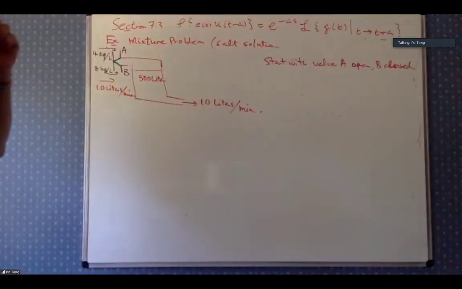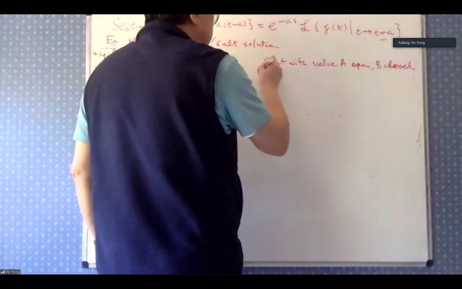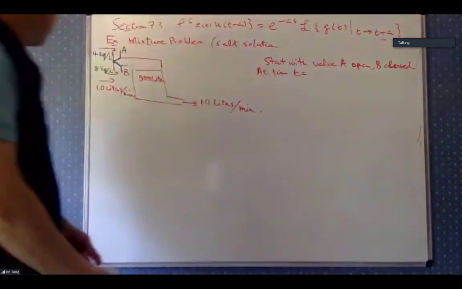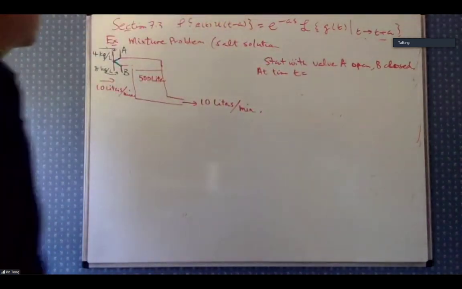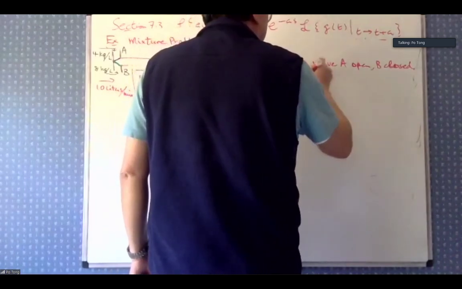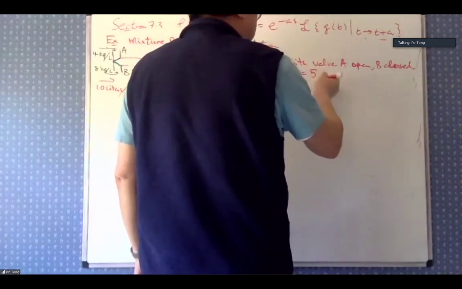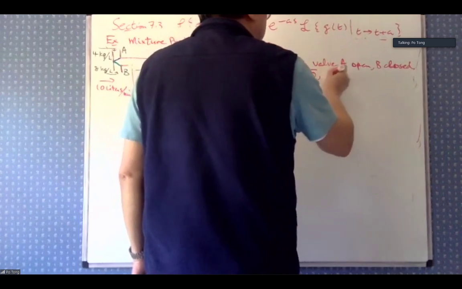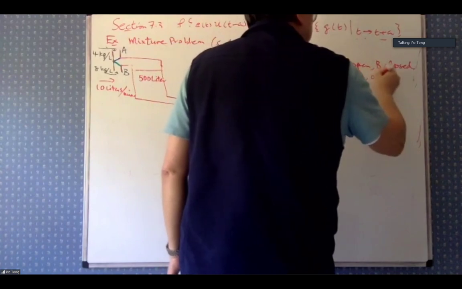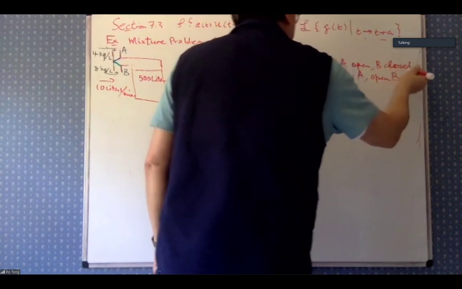At time t equal to, we'll just pick something, t equal to, let's say, 5. At time t equal to 5, we close A and open B.